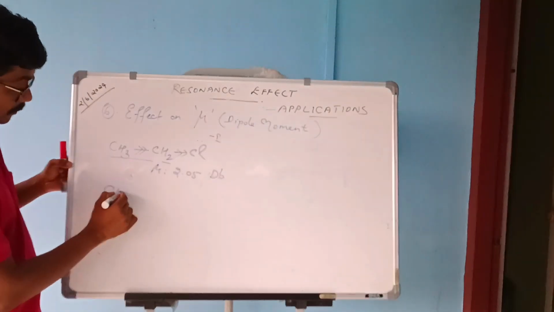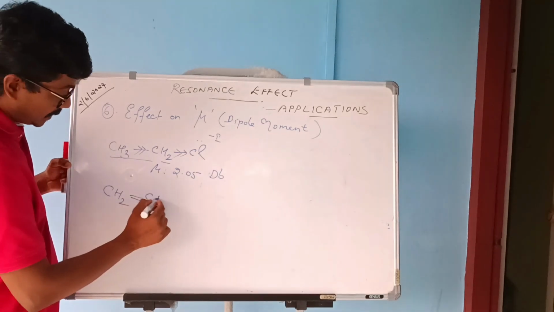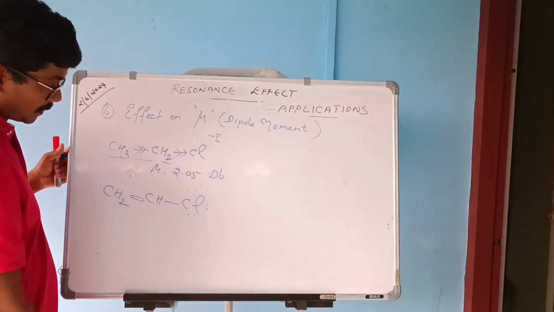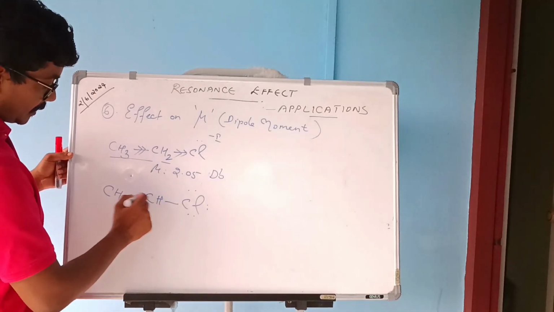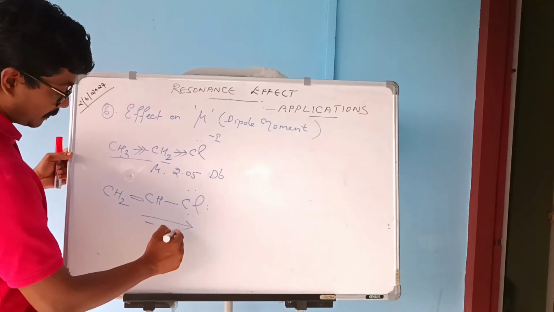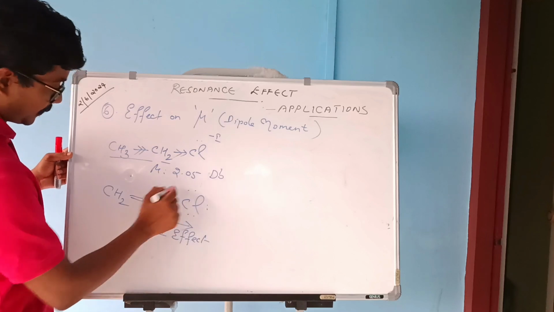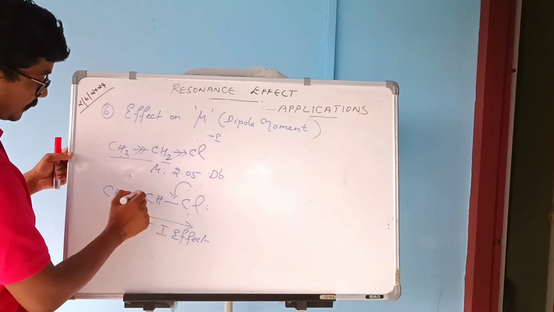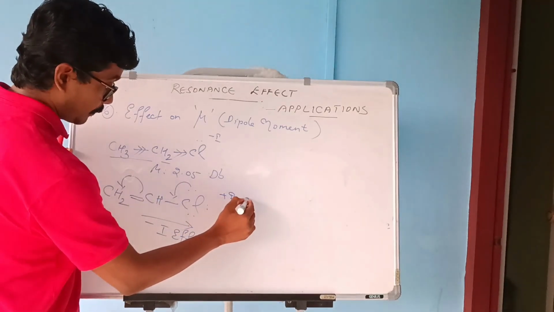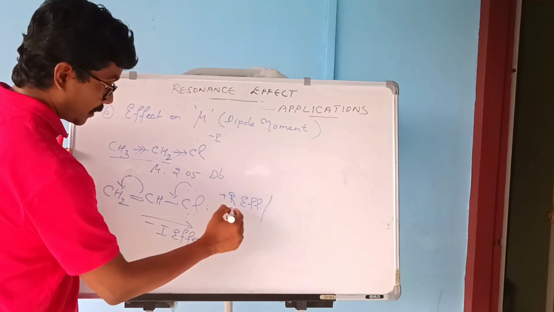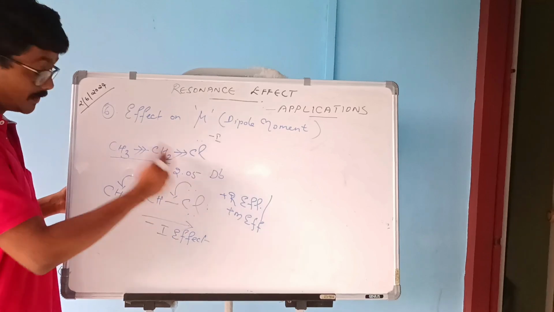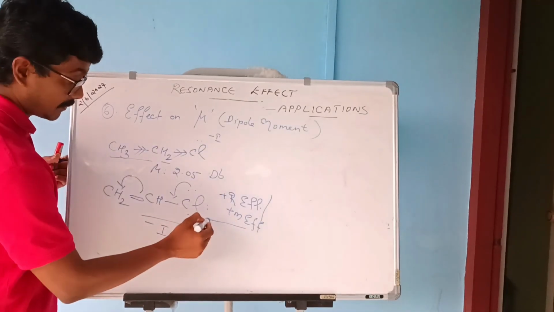So when we consider a conjugated system like CH2 double bond CH, this is vinyl chloride. Due to the inductive effect, the minus I effect is in this direction, but the resonance, that is the plus R effect, or plus M effect, the mesomeric effect, because the functional group carries a lone pair which is donated towards the conjugated system, is in the opposite direction.